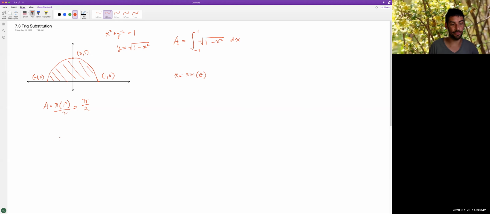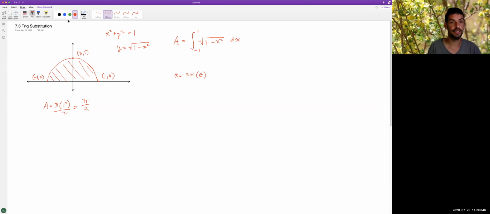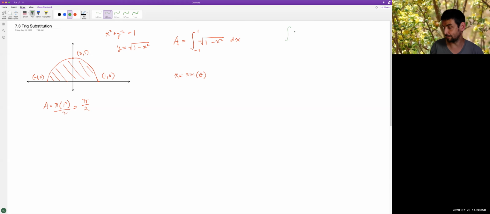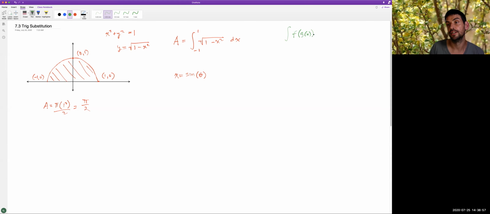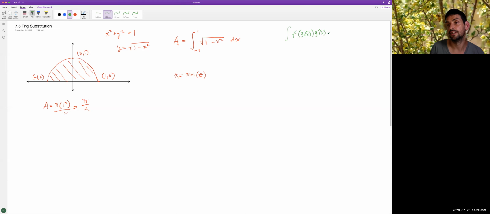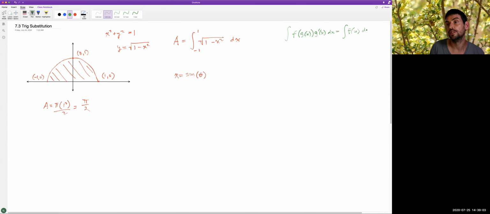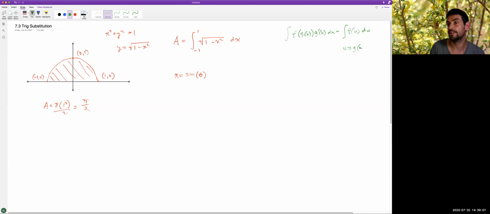Again, this is like the reverse of the substitution rule, right? Typically, when we have the substitution rule, we're looking at something like the integral of f of g of x, g prime of x dx is going to be equal to the integral of f of u du, where u is equal to g of x, right?